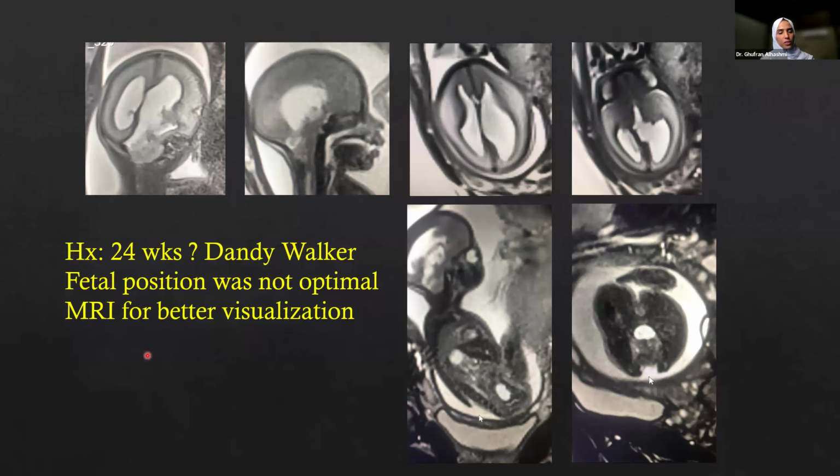This is another patient who was referred at 24 weeks gestational age with question Dandy-Walker. They saw a posterior fossa cyst, and that's why they thought that there is maybe a Dandy-Walker. However, the fetal position was not optimal for good visualization, so they sent the patient for fetal MRI.